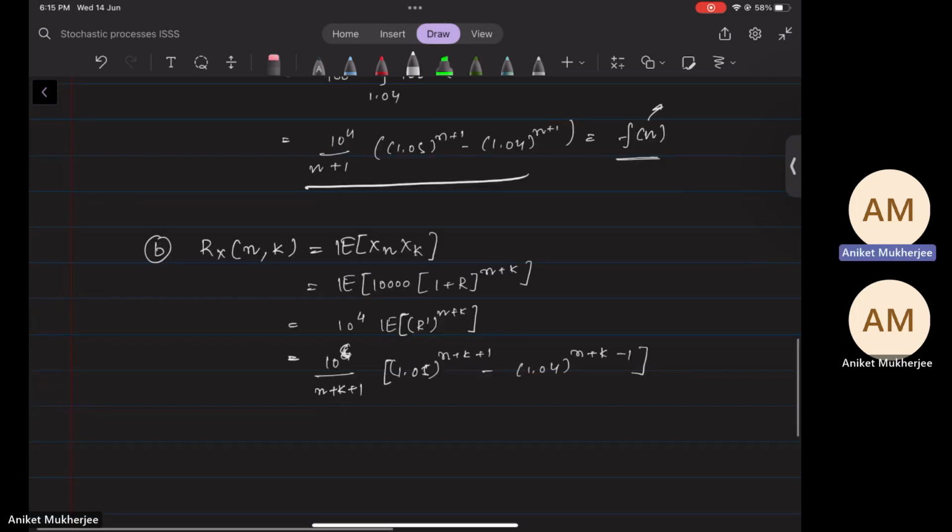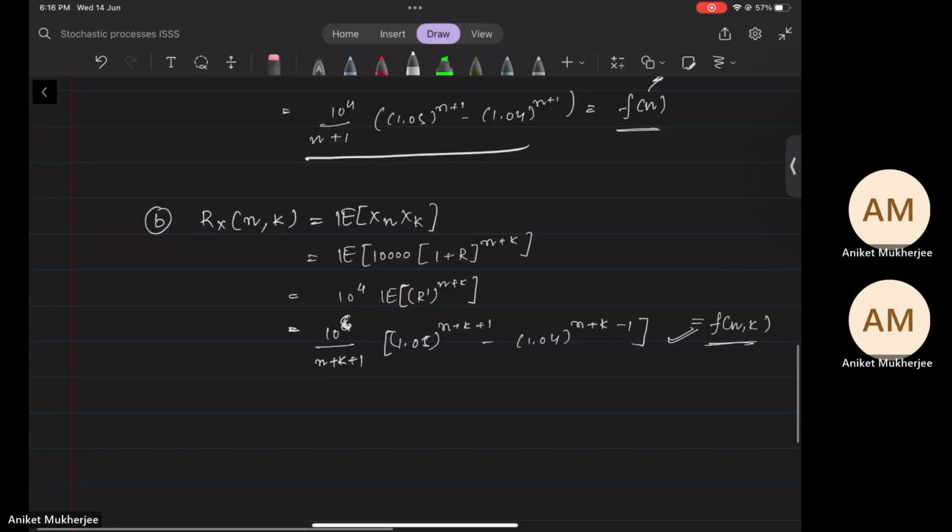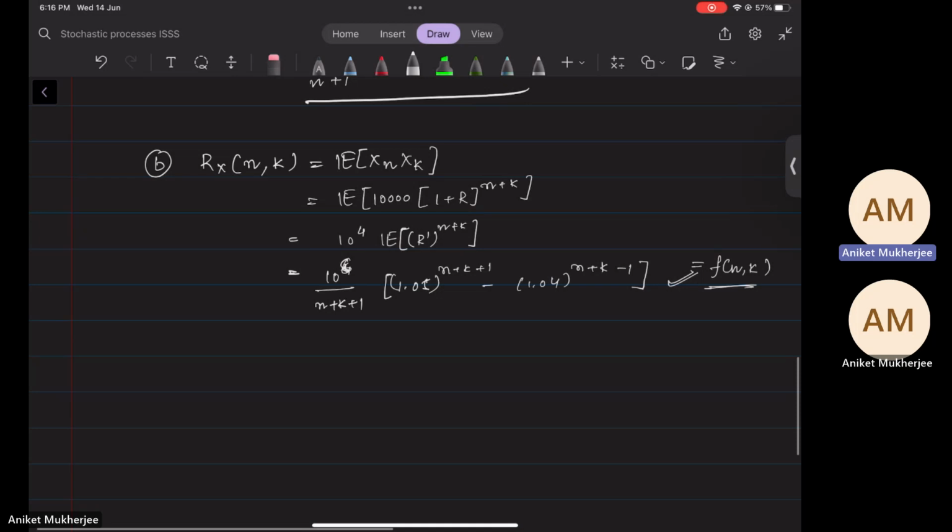So here you see the autocorrelation function is a function of n and k, but it's not a function of the difference n minus k. We'll keep that in mind. The covariance can also be calculated, but we'll just be looking at these two terms.